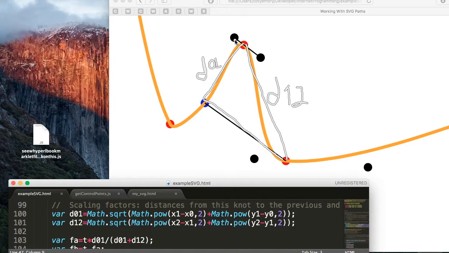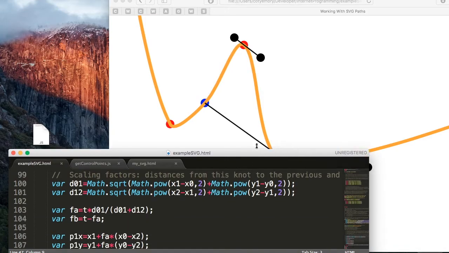These triangles would be drawn proportionally to this line for this triangle, this line for this triangle, and also there would be a scaling factor inside of it too.